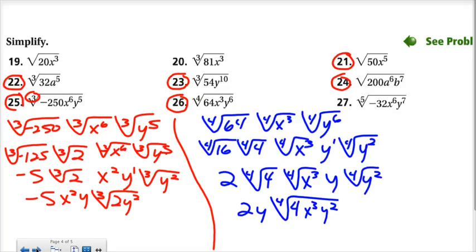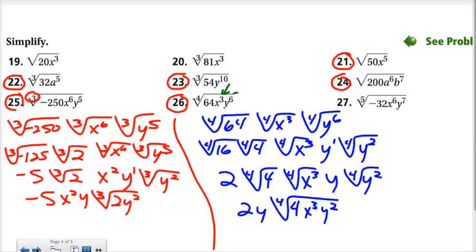Now, this one was a 4th root. So we have to go through and we have to figure out, when they wrote this problem, did they intend that x could come out negative, y could come out negative? So I take a look at my x variables and I'm done, because that was x to the 3rd. If somebody put a negative value in there, it was going to come out negative, so they knew that was going to happen, not a problem.